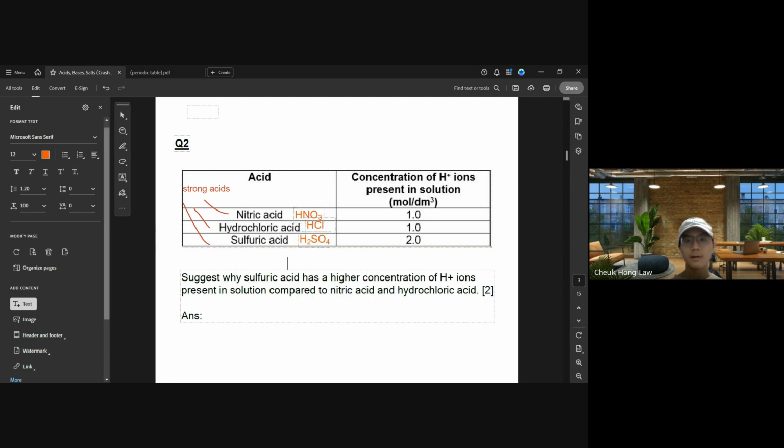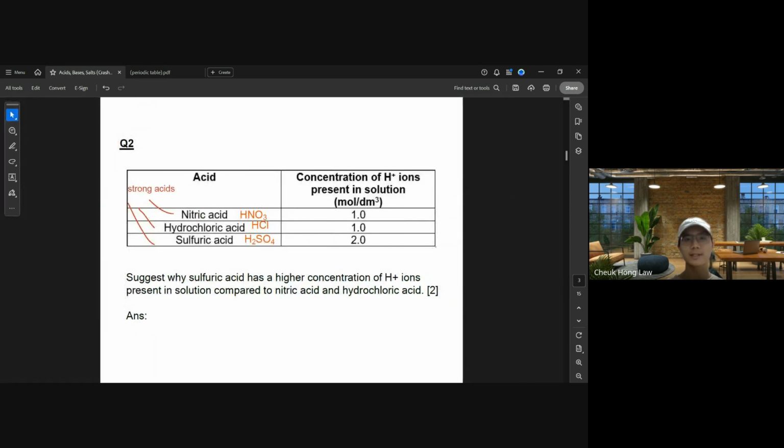So do you see a difference between sulfuric acid and the other two acids? The number of hydrogen atoms. In nitric acid and hydrochloric acid, there's only one hydrogen atom. Then in sulfuric acid, there's two hydrogen atoms.